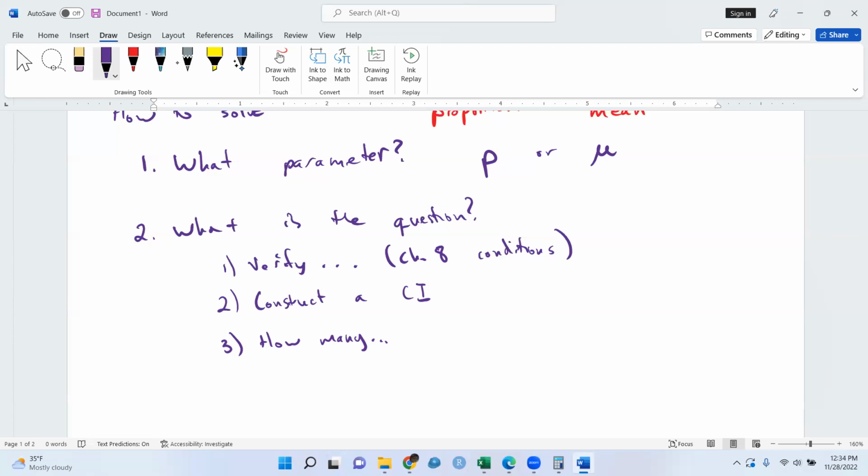So maybe it'd be helpful to add in the other things that could be asked. And then finally, we did perform the test. Test the conclusion, or the claim. Maybe let's say test the claim, which is a hypothesis test.